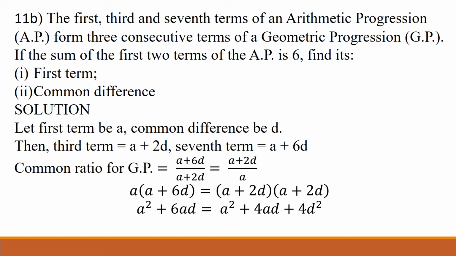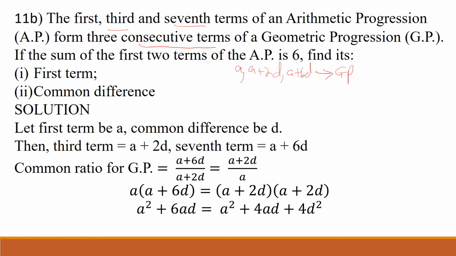Okay, here 11b we have the first, the third, the 7th terms of the AP to be the 3 consecutive terms of GP. So that is to say that A, the first term, A plus 2D, the second term, and A plus 6D, the third term, are the 3 consecutive terms of GP.